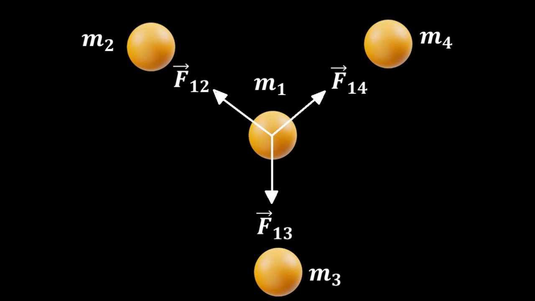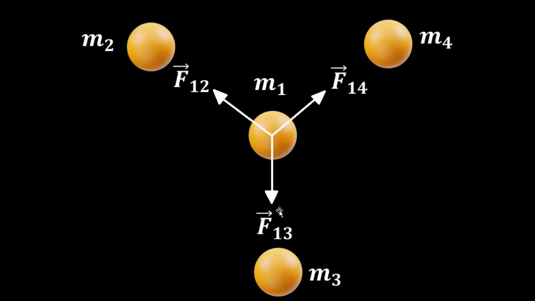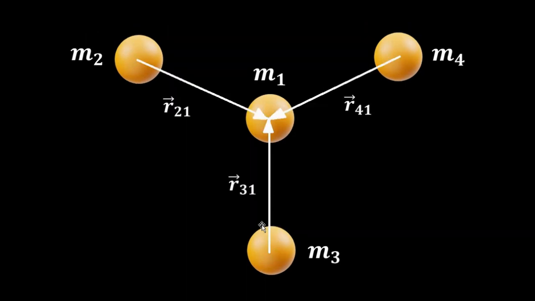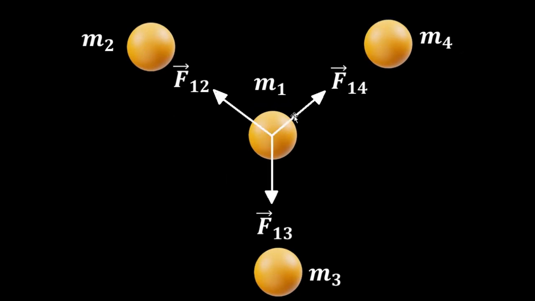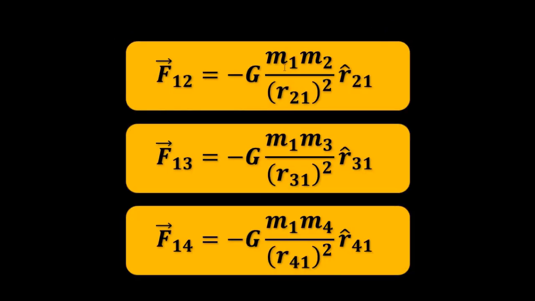Similarly, F13, the gravitational force exerted on m1 by m3, so the displacement vector will start from m3 to m1, R31 vector. Similarly, F14, R41, opposite direction.